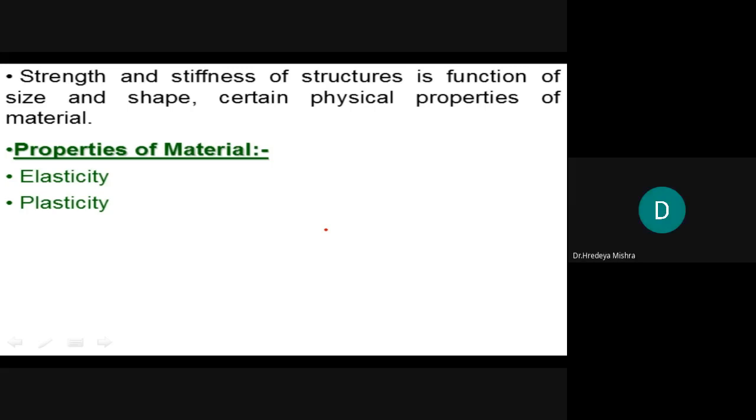Anyone else want to try, what is the plasticity? Okay, or we can say that the ability of a material to remain in its deformation.